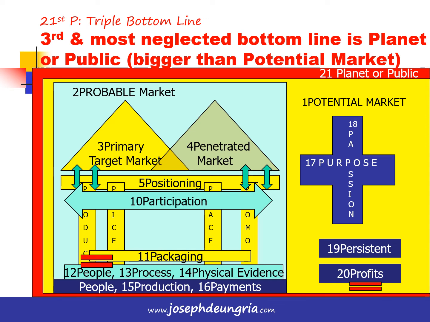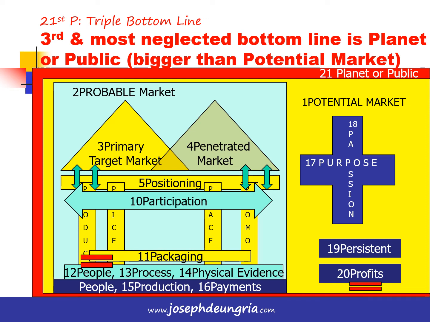The planet is the universe where you have a potential market which is larger than your probable market. Okay, so don't just think of yourself or your company or your people. Think of the planet and the general public. And normally that's the most neglected bottom line, 'cause that's the farthest from the company.